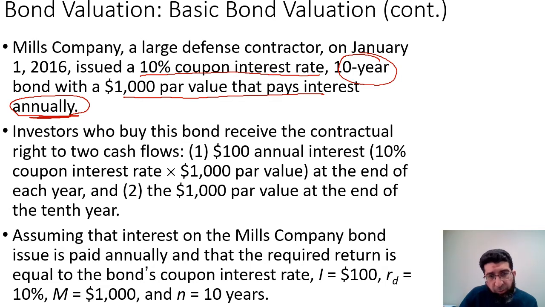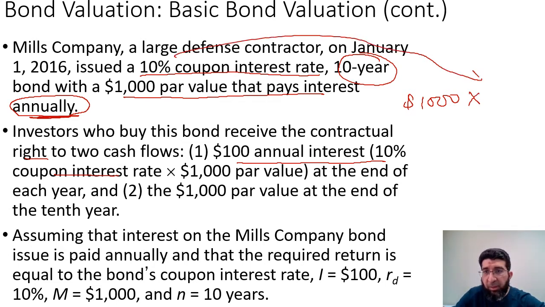Now investors who buy this bond receive the contractual right to two cash flows. The first is the $100 annual interest, that is the 10% coupon interest rate. If you multiply the $1,000 par value by the coupon interest rate, which is given here, you will get the coupon payment, which is $100. This is the coupon payment.